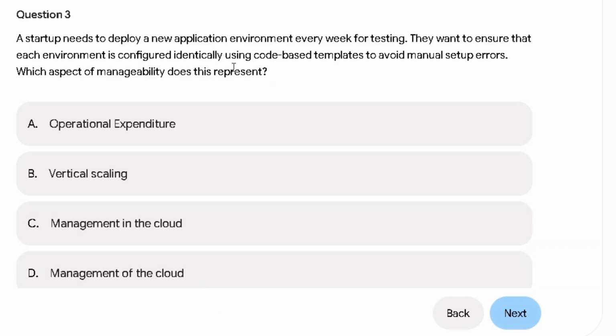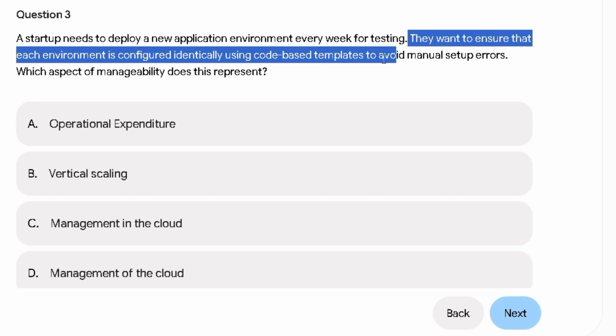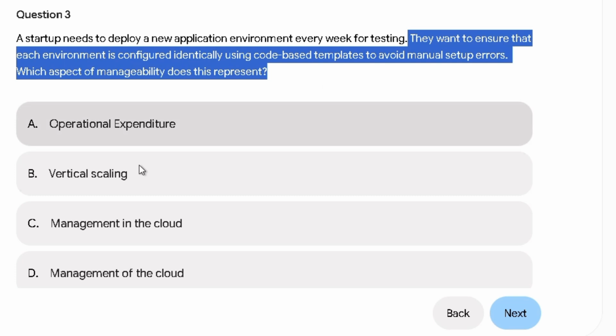So we're going to analyze the question. A startup needs to deploy a new application environment every week for testing. They want to ensure that each environment is configured identically using code-based templates. Vertical scaling, remember, is like adding more resources, so that wouldn't be it. Operational expansion is when I want to expand my network.